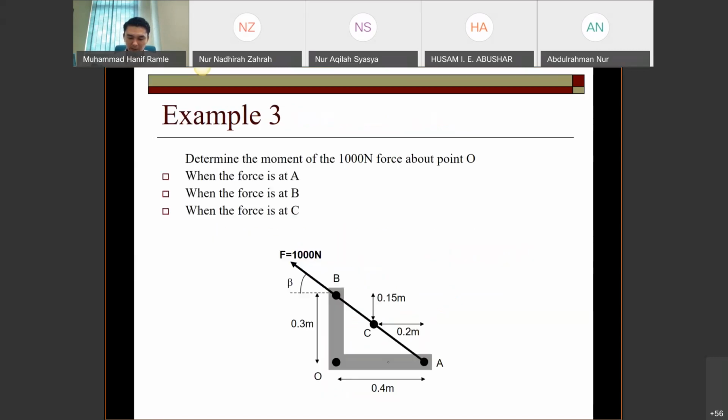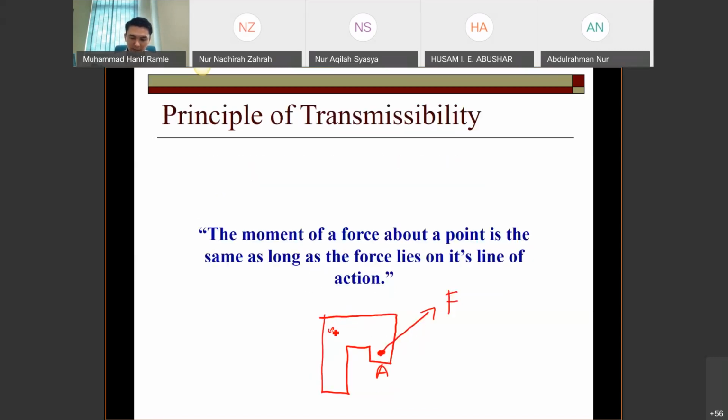Let's say I put it here, and this another point, P. From here you can calculate the moment of a force about point B. The meaning of this principle is that the moment of the force about point B is the same as long as the force lies on its line of action. So this is the line of action. This is the line of action.